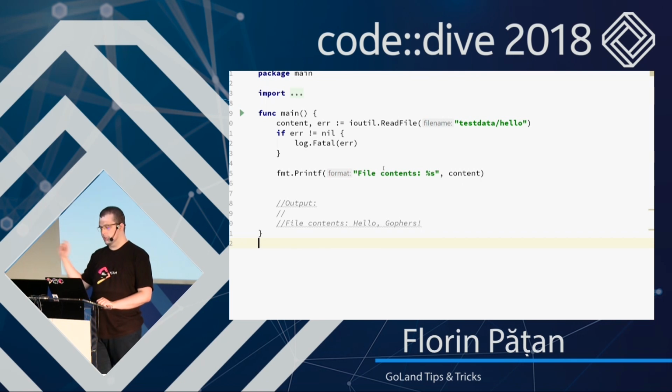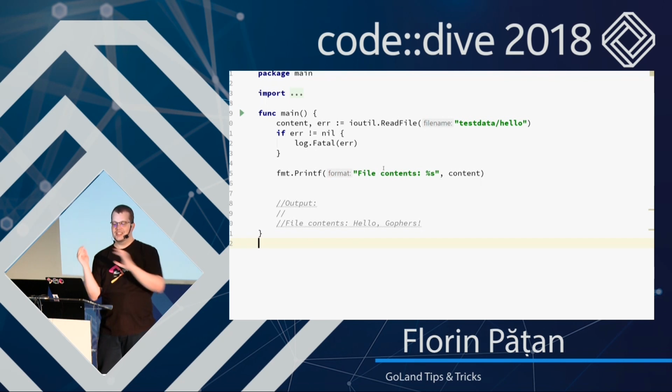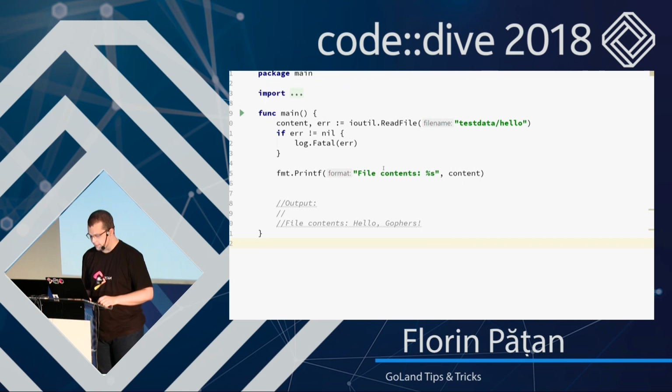So that's a good incentive for you to go home to your work and start writing example functions, especially for those, let's say, harder functions that are not really intuitive to test out and so on.